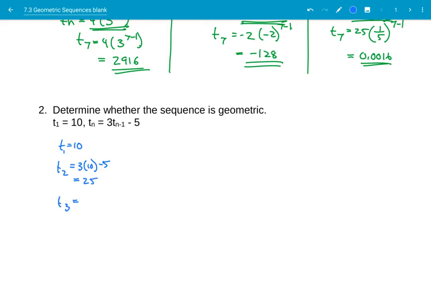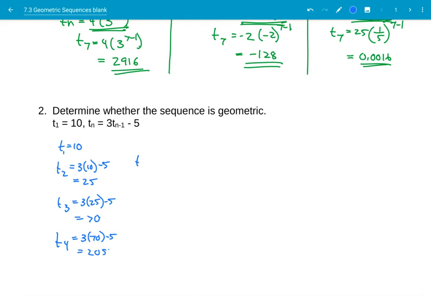T3, 3 times 25 minus 5, is 70. T4 is 3 times 70 minus 5. That's 205. So T2 over T1 is 25 over 10, 2.5 or 5 halves.